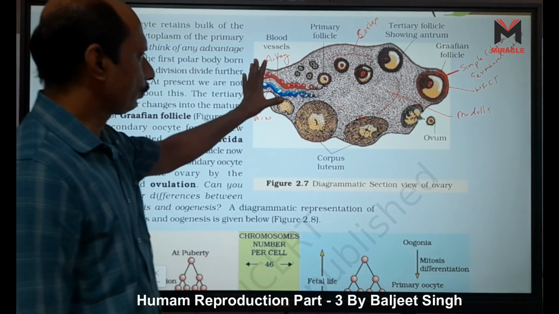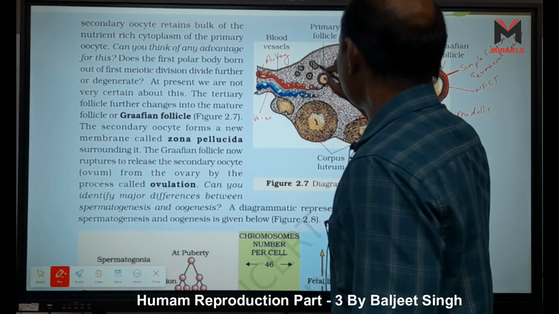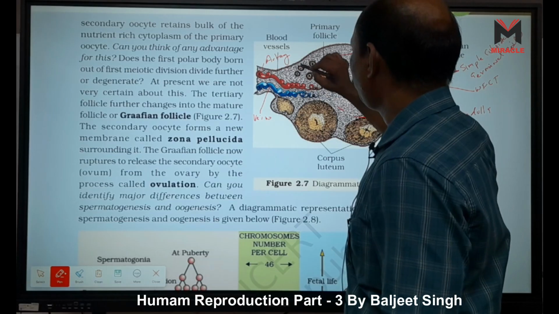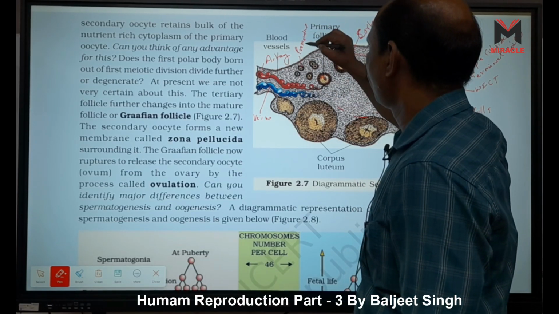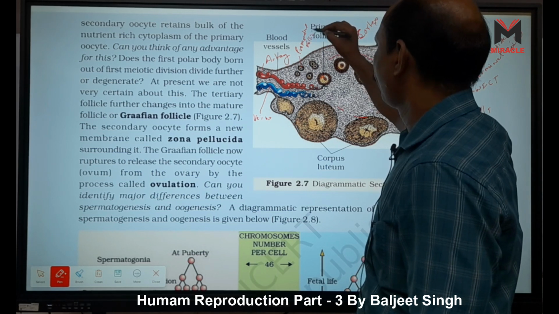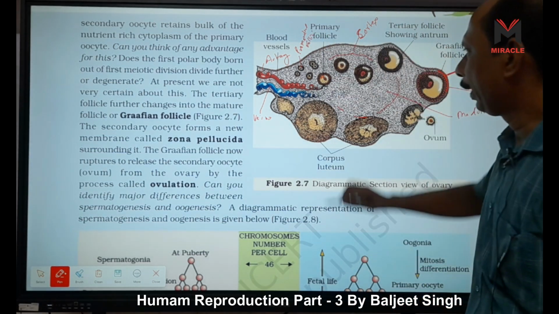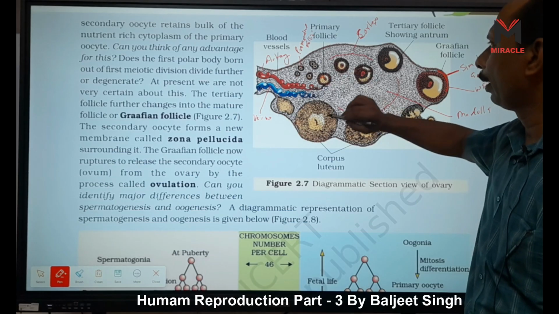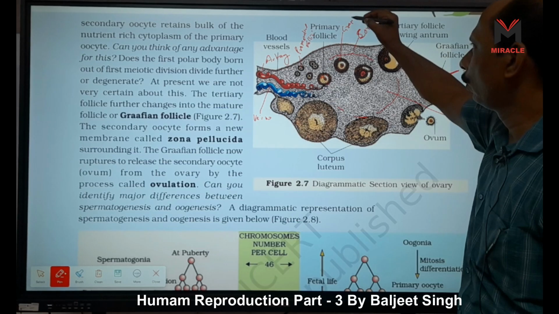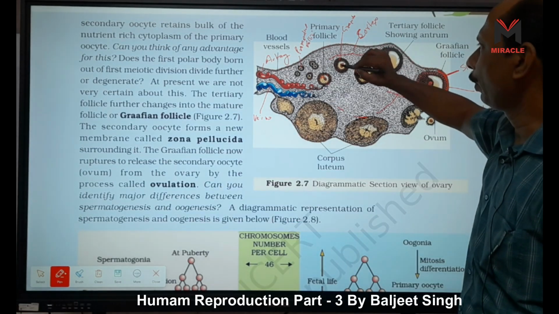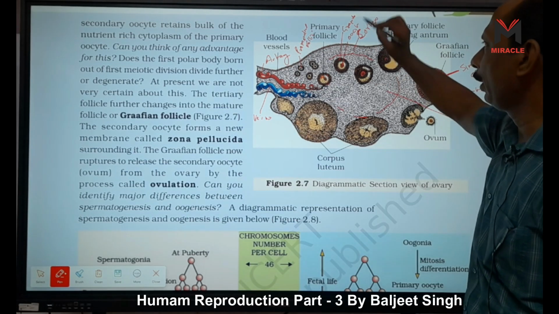Now here, these are primordial follicles. This is the primary follicle, where we can see the granulosa layer and the primary oocyte.